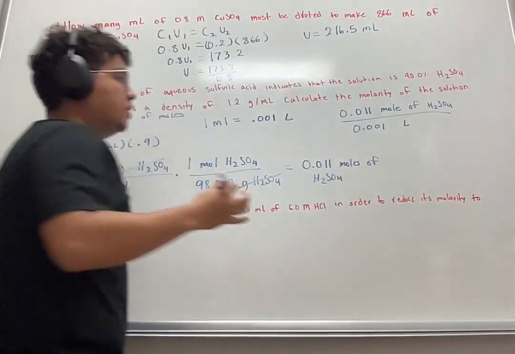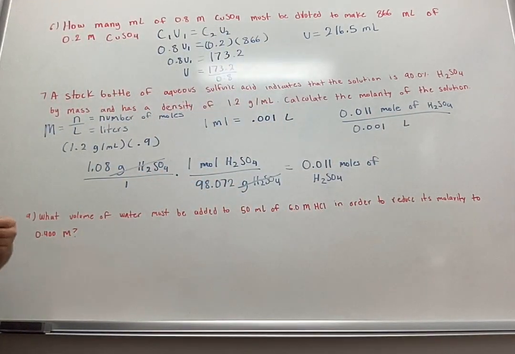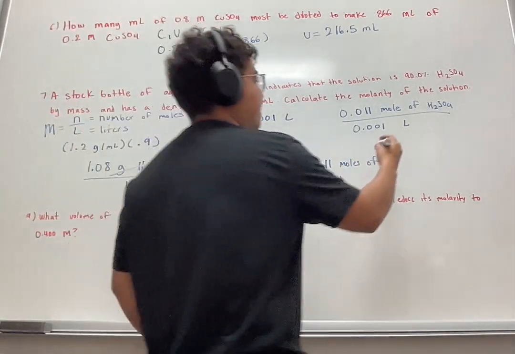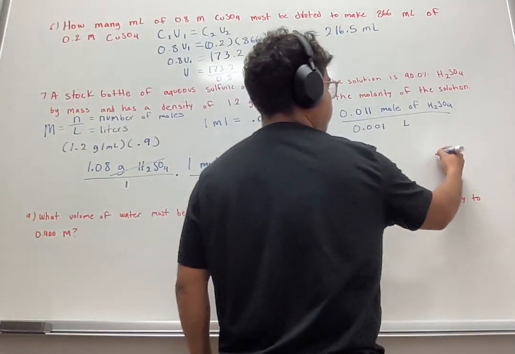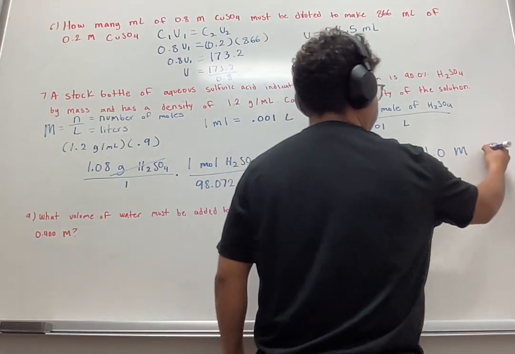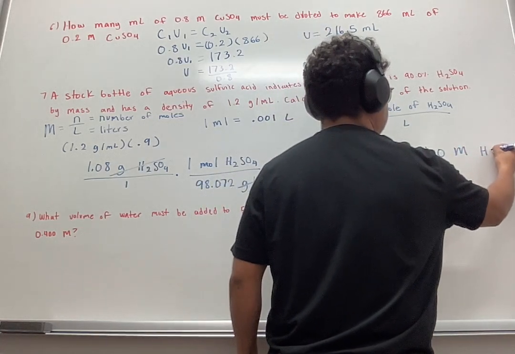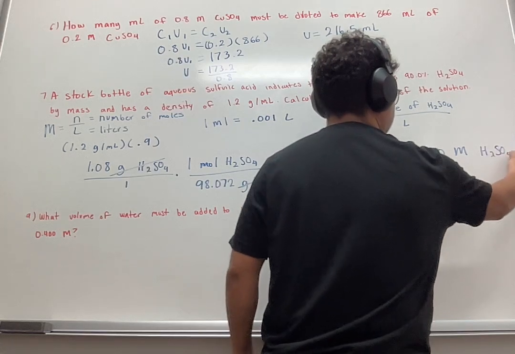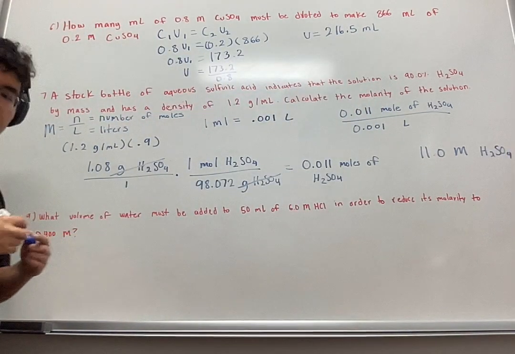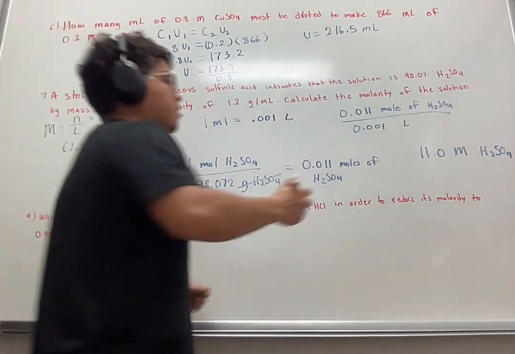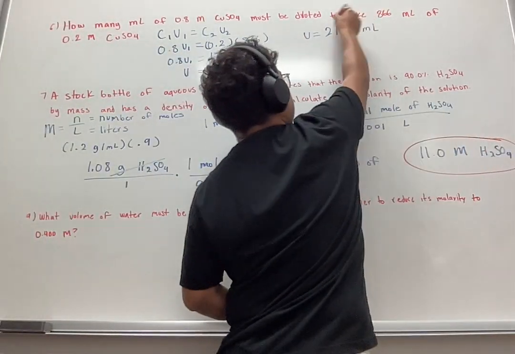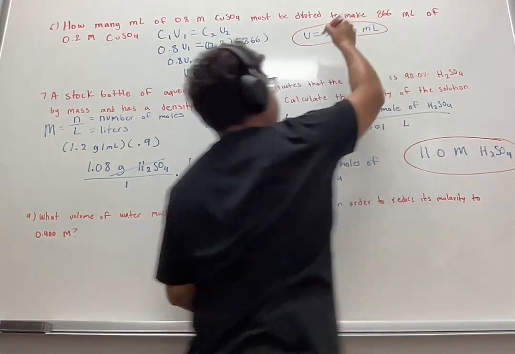And this will give you an answer of 11 M. So I'm just going to put it down here: 11.0 M H2SO4. There we go. Just circle these real quick. Answer for this one, answer for this one.